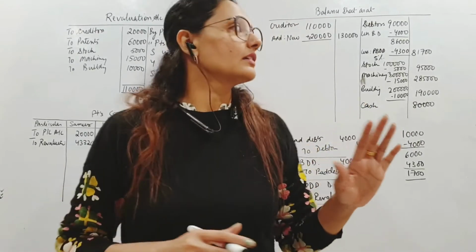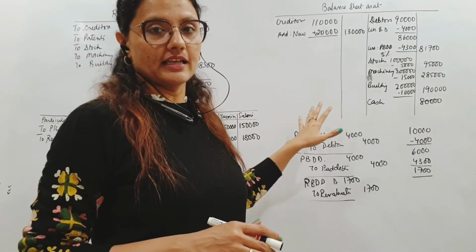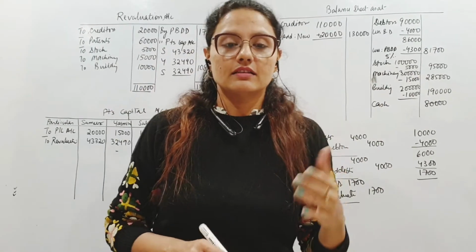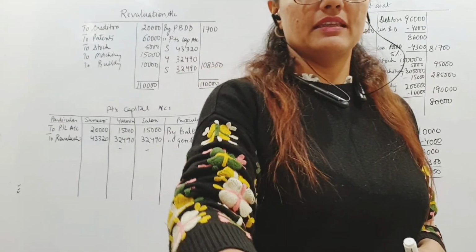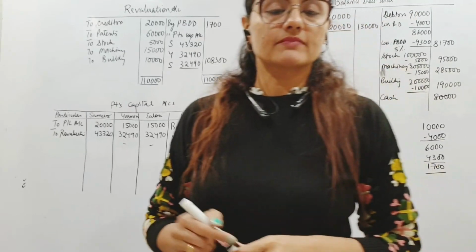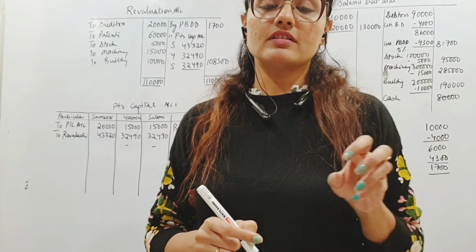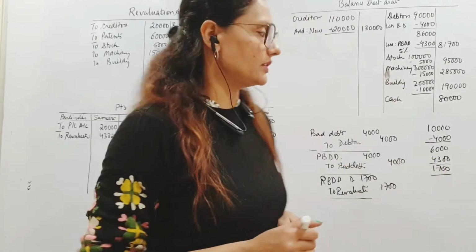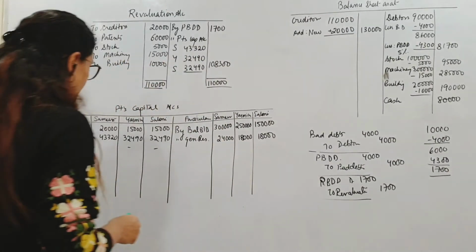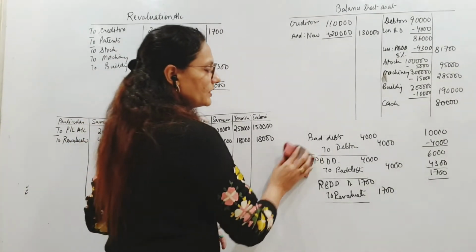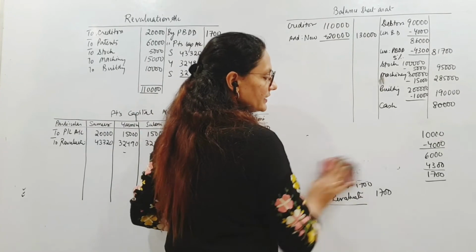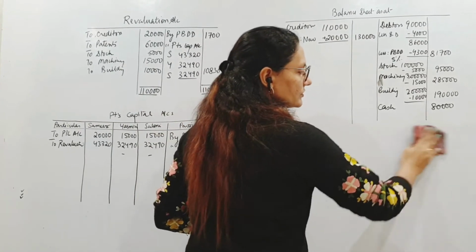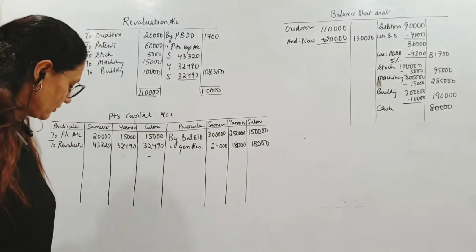Revaluation done. The balance sheet things have been put, right? The next adjustment is goodwill of the firm on Samir's retirement is valued at 5,40,000. Now goodwill of the firm is valued at 5,40,000. Why is it given to us, this information? Because when the retiring partner is going out, he should be credited with his share of goodwill.